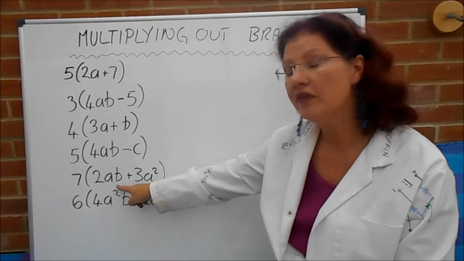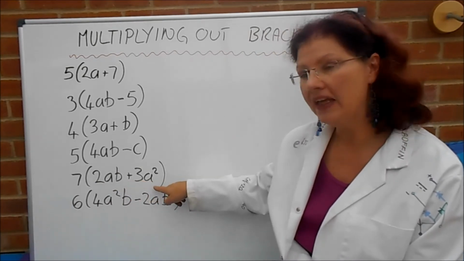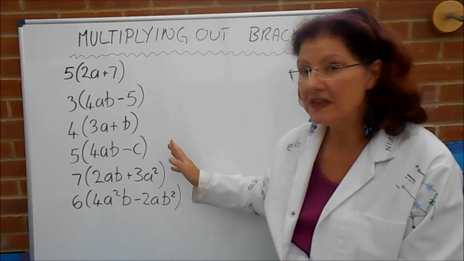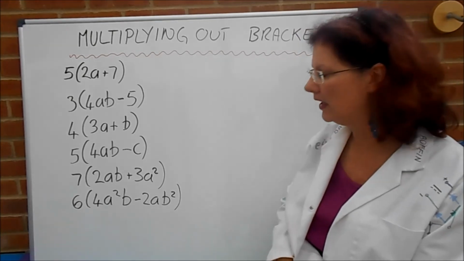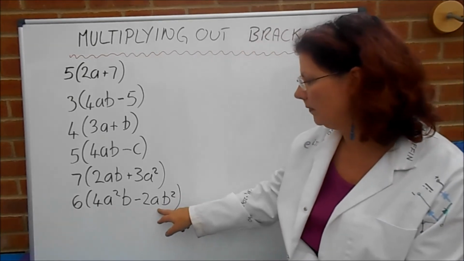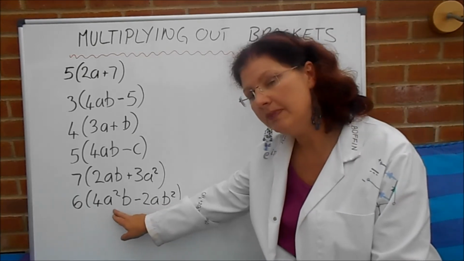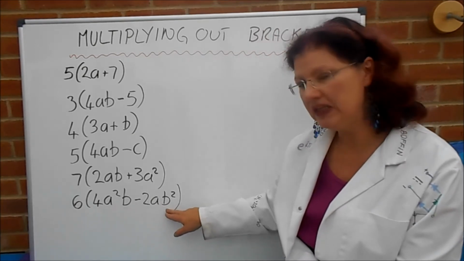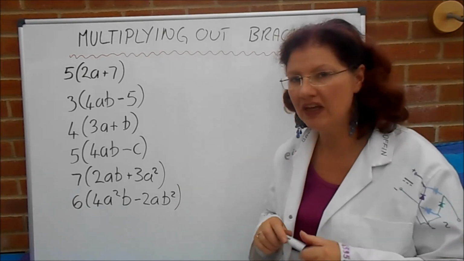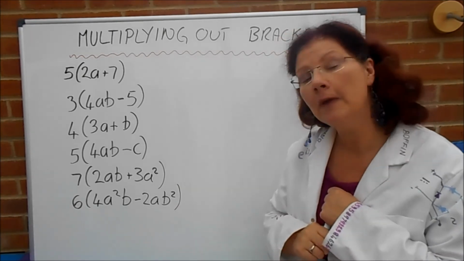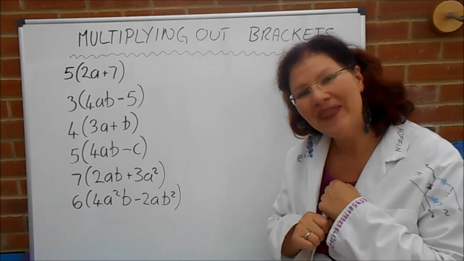Down here we've got some ABs and some A squareds. Don't worry, it works exactly the same. You'll get over here a certain number of ABs and a certain number of A squareds. And then down on this last one, we've got A squared Bs and AB squareds, which are different things. If you're not sure about that, go back and look at some of the earlier videos where I talk about that. So, pause the video and have a go at those.